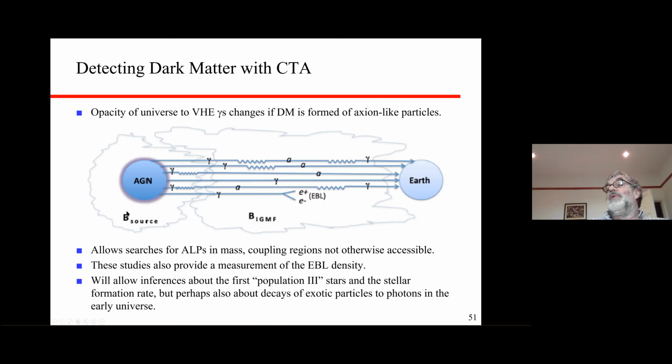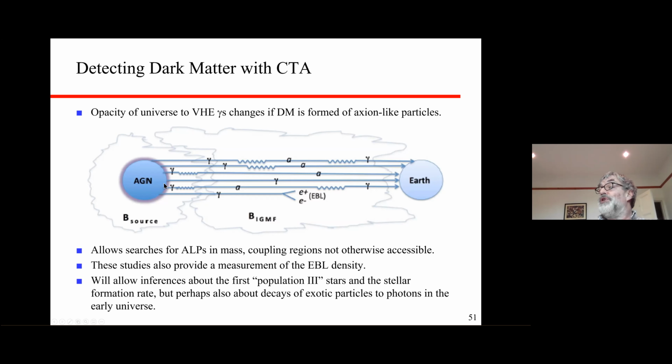At the moment, what we'd expect is that if you look at a remote source of very, very high energy photons, for example, an active galactic nucleus, and you try and look at those from Earth, what we'd see is that as the photons move from source to us, they're traveling through the universe, and every now and again, one of these photons would hit a photon that's been emitted by a star or is a relic of the Big Bang, and in that interaction would produce an electron-positron pair.